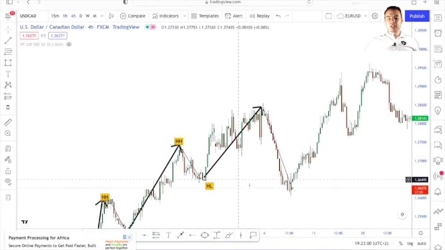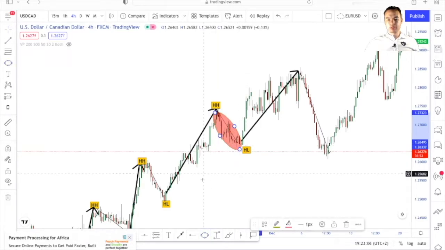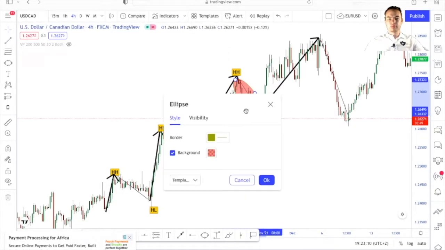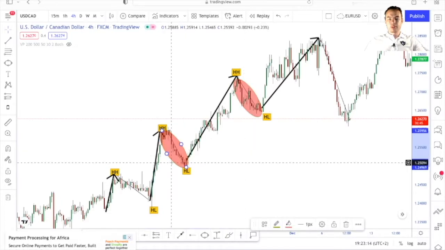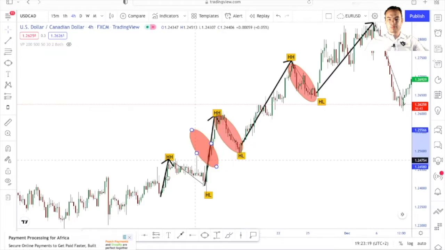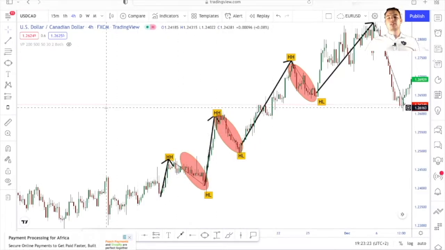So as you can see, these are the retracements. These minor moves here. Retracement. Retracement. Retracement. That's in an uptrend.